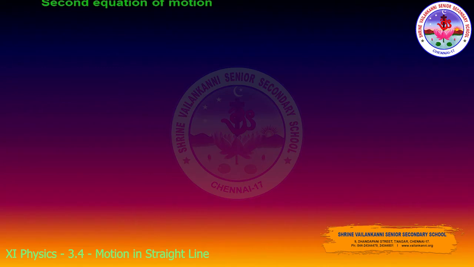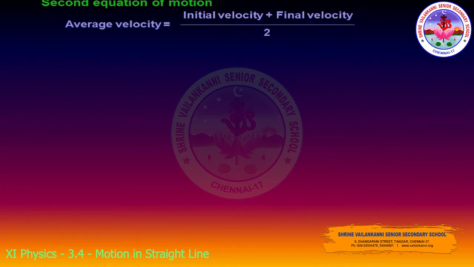What is the second equation of motion? It concerns the distance covered in a certain time. The average velocity of the object in the time interval from 0 to t, v average, is equal to displacement by time, or the initial velocity plus final velocity by 2.